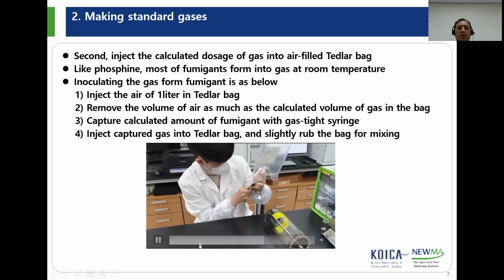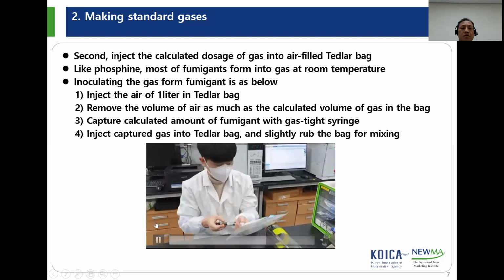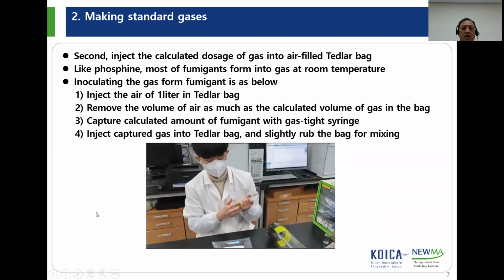Almost 5 milliliters removed. It's removed.